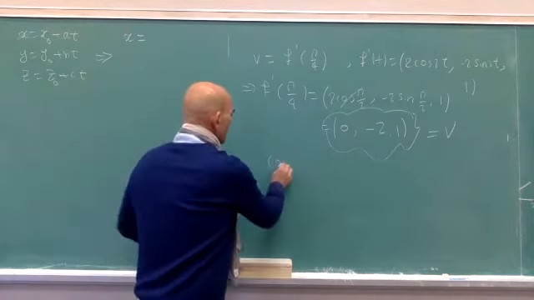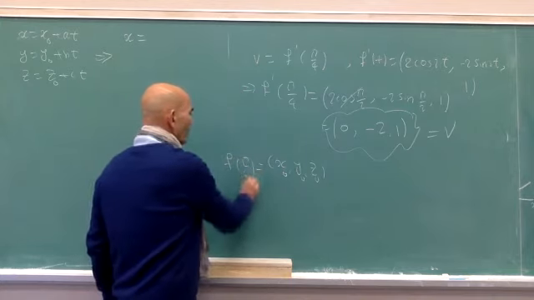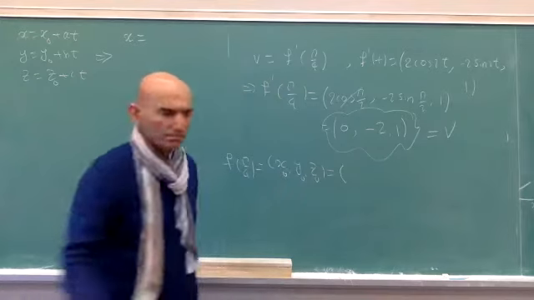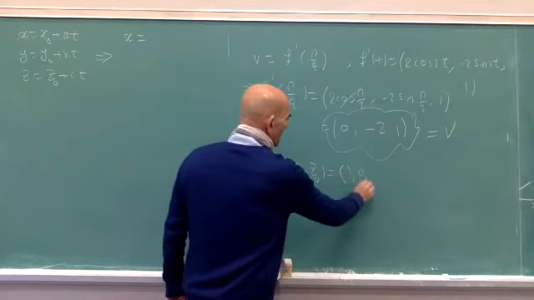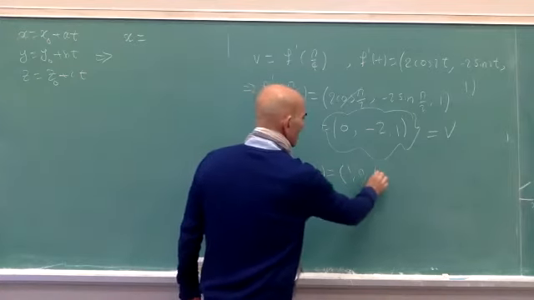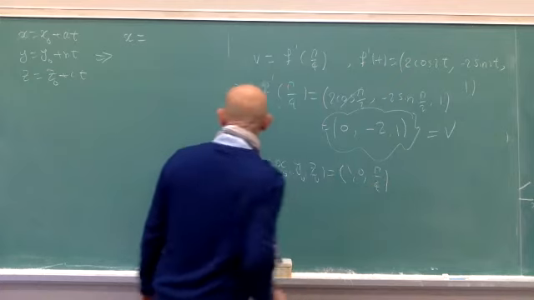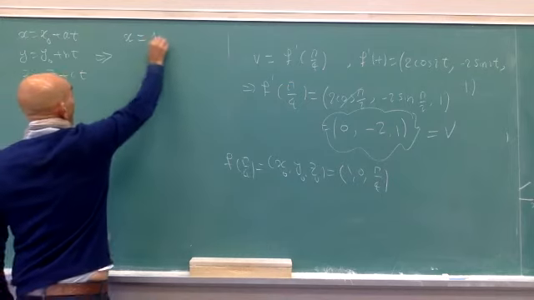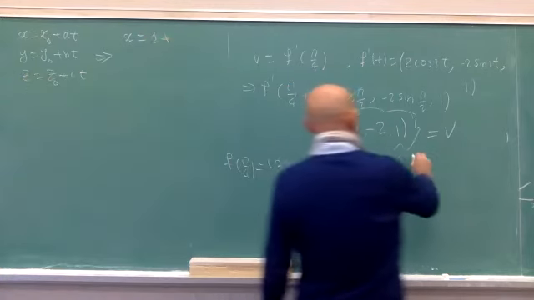This was f of pi over 4, the point. So I derived 1, 0, pi over 4, and (a, b, c) is the direction vector.